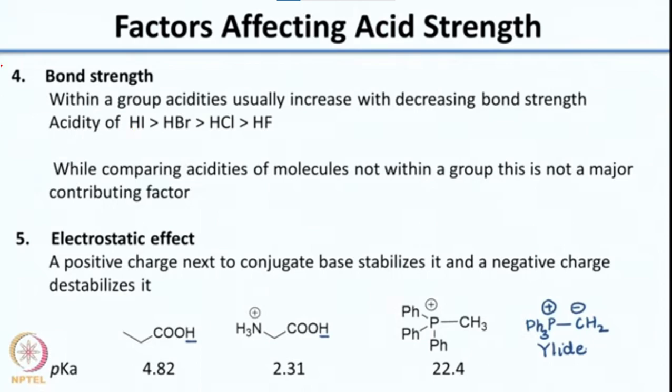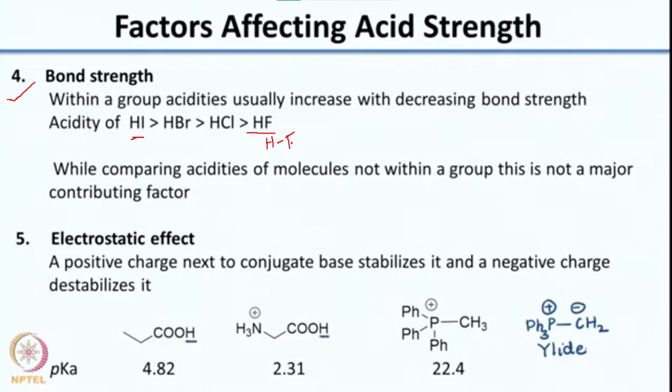So this is not mostly used, but because it's part of the factors, we are going to discuss it here. In the case of acidity, HI will have more acidity because the HI bond is very weak compared to the HF one. HF bond is very strong.